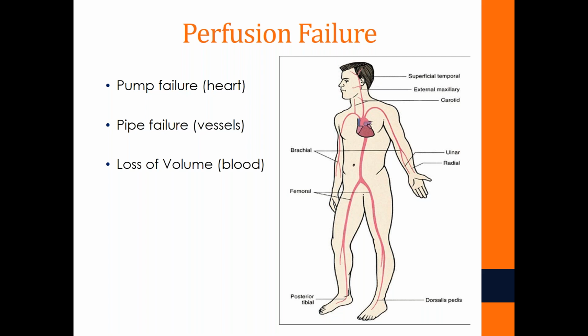And the sooner we figure out, hey, this patient looks bad, hey, this patient looks like they are either in shock or well on their way towards being in shock because of a pump problem, a pipe problem, blood spilled all over the floor, and the sooner we start to recognize and correct some of those problems, the better off our patient will do. Shock is a progressive thing.